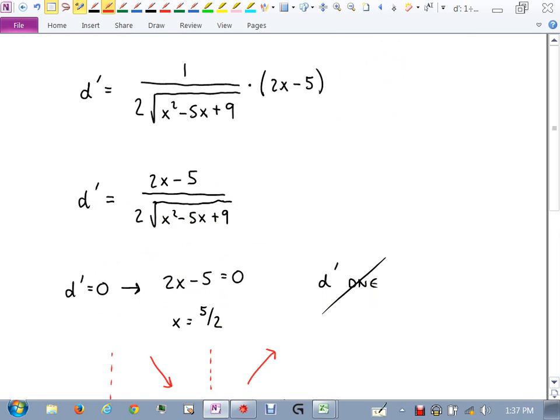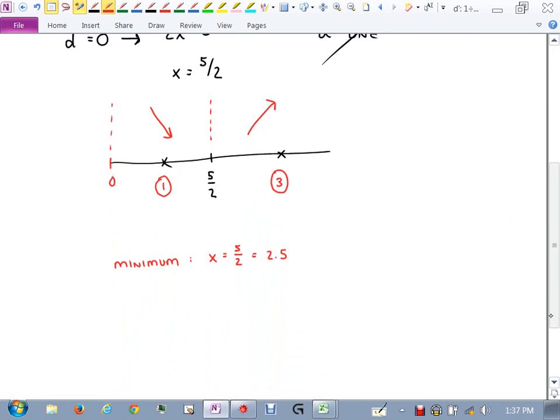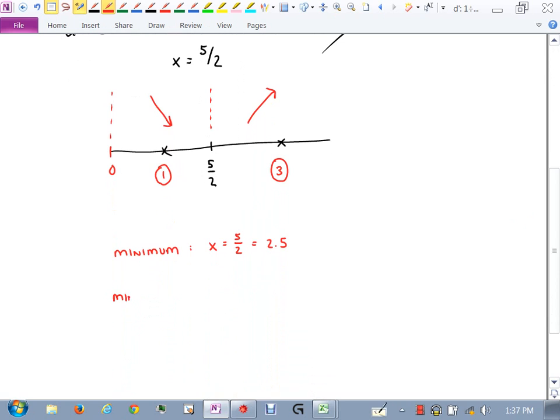Anyone else get that? Yes? Minimum distance is what you get when you plug 2.5 into the distance function, which is 1.658 something, approximately.